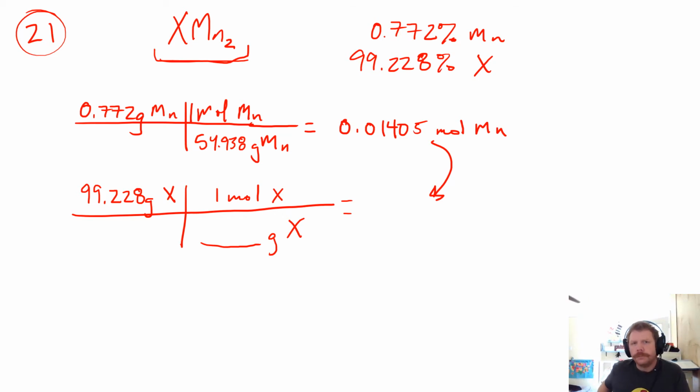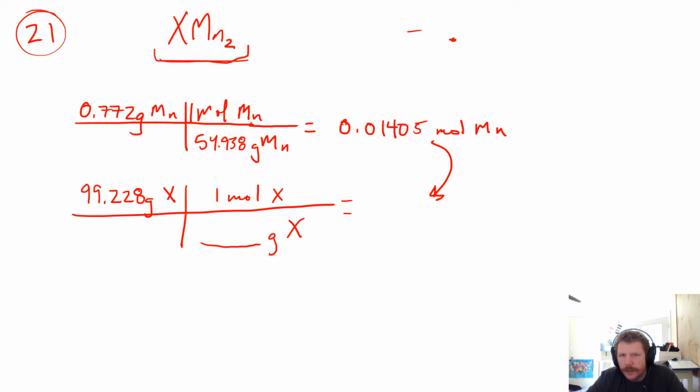So there are 2 moles of manganese for every 1 mole of X. Now, this formula shows me that, well, here I'm going to erase this stuff up here. I'm going to erase my percentages. One of those percentages was given in the problem, the other one I had to figure out.